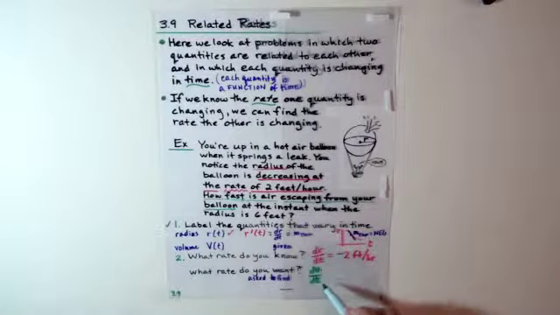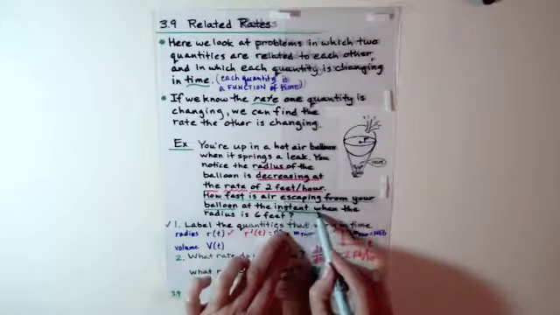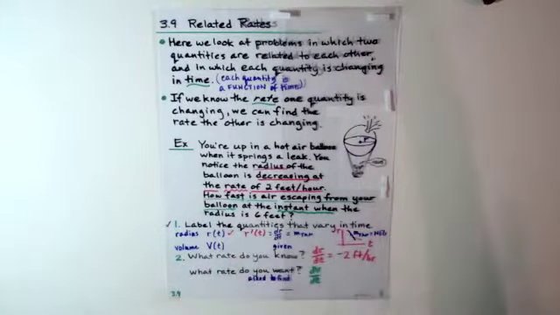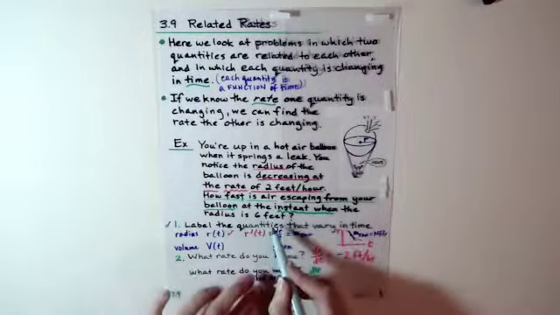How fast is V changing with respect to t? And notice that you're not asked to find it at all possible t values. You're really asked to find it at one moment in time, at the instant when you look up and the radius has gotten down to 6 feet. So the radius is shrinking, shrinking, shrinking. At some instant in time, it is 6 feet.